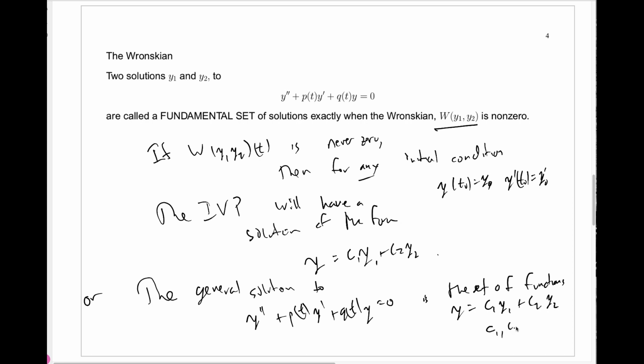Here c1 and c2 are just arbitrary real numbers. So we'll then have completely solved this linear homogeneous second order differential equation, and here are all the solutions. Remember, we get this situation when we find two solutions to the linear homogeneous differential equation whose Wronskian is non-zero. They will then constitute a fundamental set, and we have a complete solution.